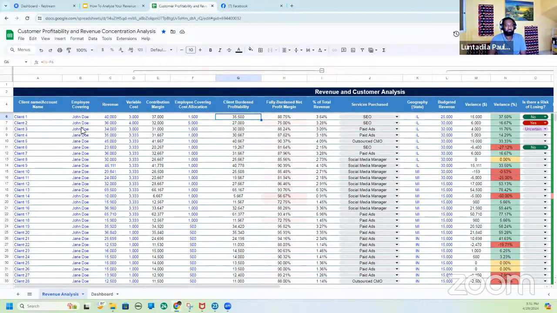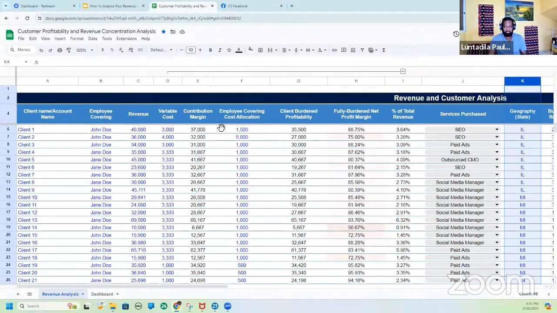First of all, most businesses will have the following columns: the client or account name, the employee covering that client or account, the revenue that client brings, and maybe the service purchased by that client and the geography of that client. And that will be it. Let me maximize a little bit here so that we can better see this.